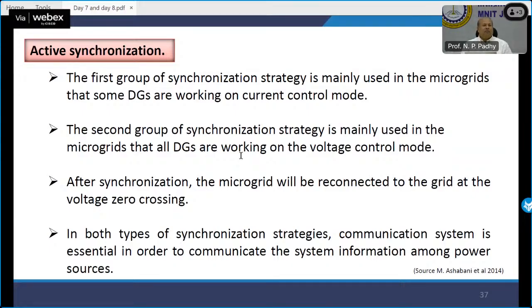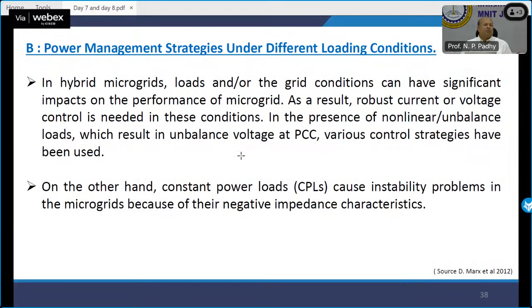And in both types of synchronization strategies, a communication system is essential in order to communicate the system information among power sources. Because in the laboratory, we do simply one source and we experiment. But in a real campus, having hundreds of generators, hundreds of loads, it's very challenging.